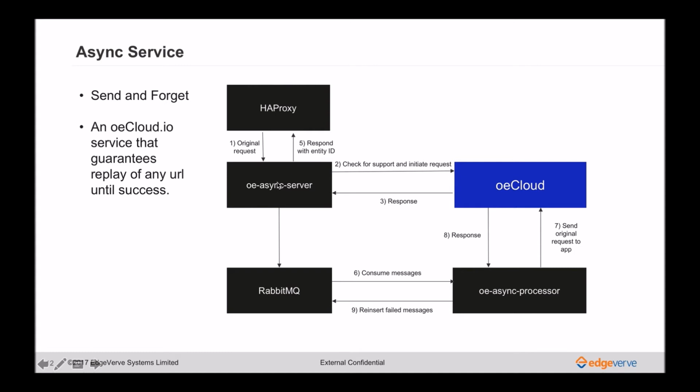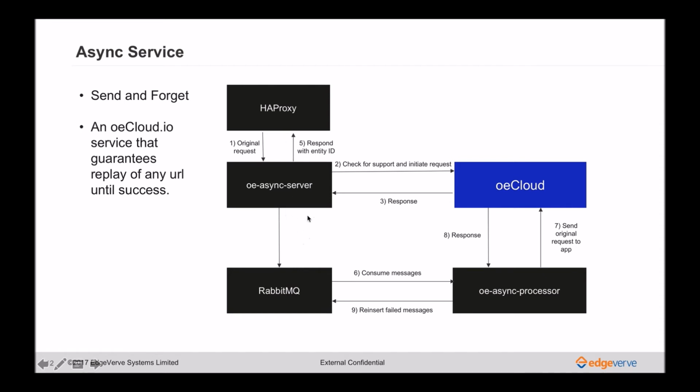The async server checks with the service that is supposed to be servicing this request to see if indeed the request is retriable. It has to have special properties for that, and we'll also see that in the code. Assuming it is retriable, it will be initiated, and the response will be sent back to the async server with that ID, and the ID will be passed back to the client, and the client can go on.